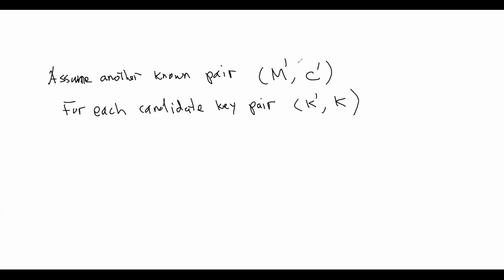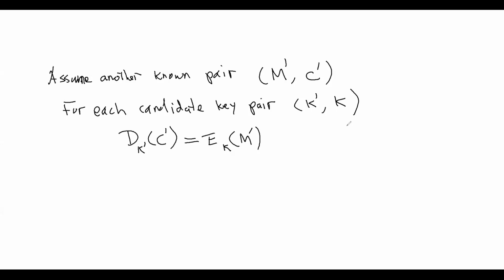Then I'll apply this on this string again. So what I'm going to do is I do E_K on M prime. Do it again. This should be equal to D_K prime on C prime. Using the same thing, okay? Using the same table.